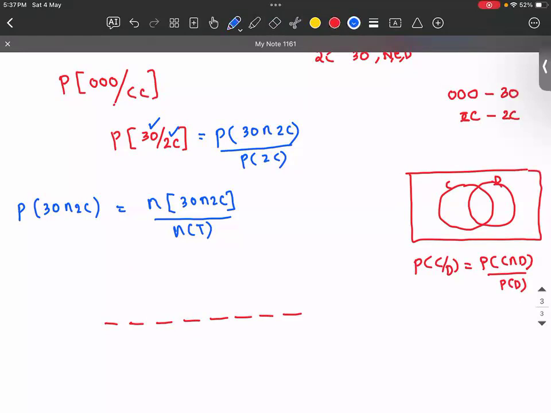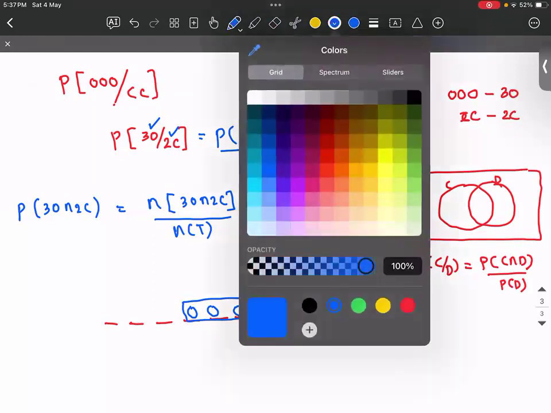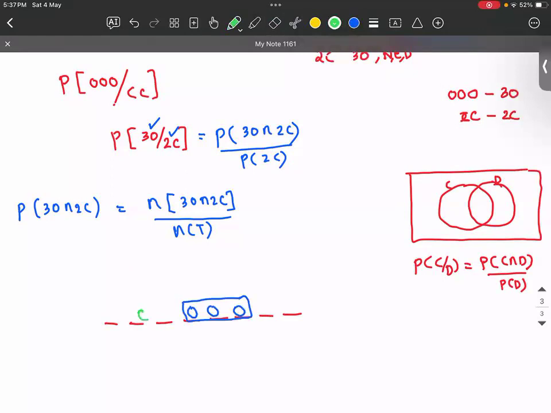So what is the condition given in our question? Whatever be the case, 3O will be standing together, and apart from that, 2C will also be standing together, because that is the condition given. So 3O we will consider as one single unit, and 2C as a second single unit.